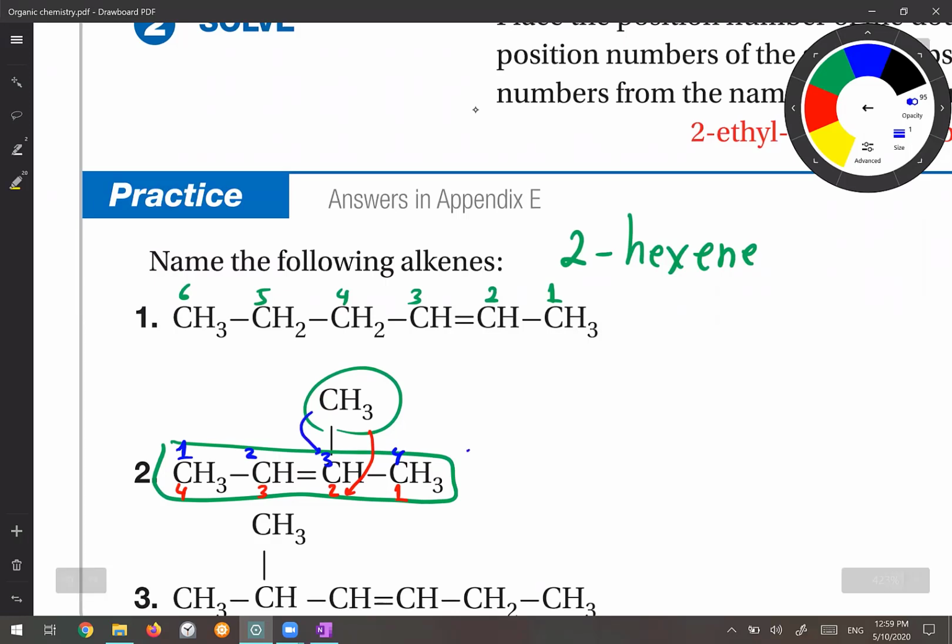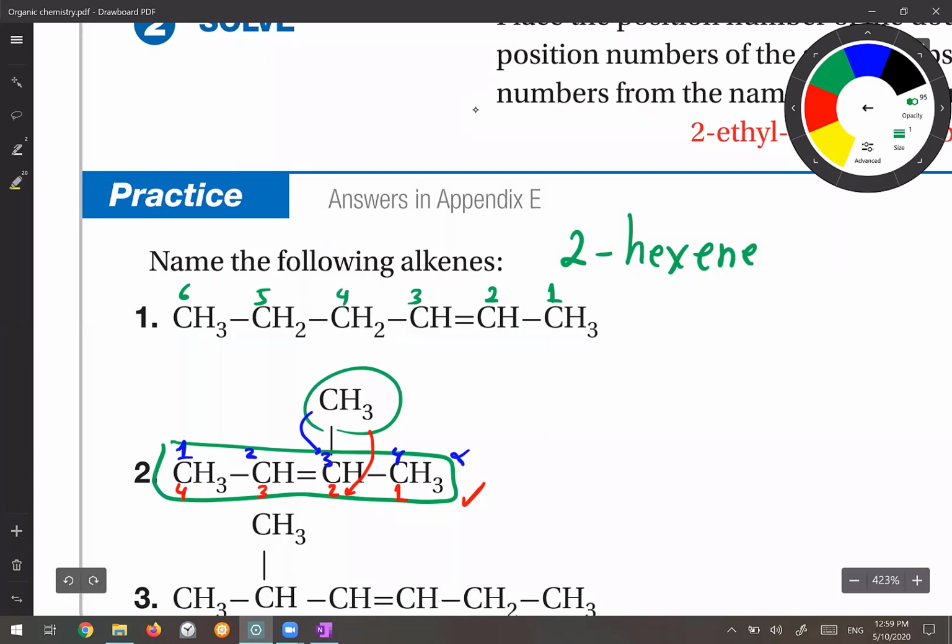So the blue system is not correct. The right numbering, the red one, is correct. Okay, so the priority is with the functional group, with the double bond or triple bond. If from both sides, the double bond or triple bond receives the same number, then you have to look at the branch. You have to number it from the side which branches receive a smaller number.